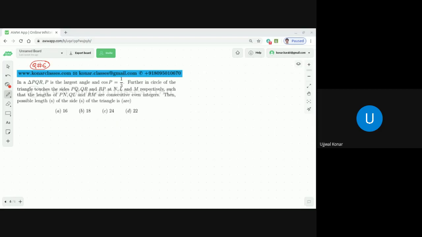And one point you may not be aware of, and that I need to explain to you, is about the incircle. How it happens is that it is something like this.